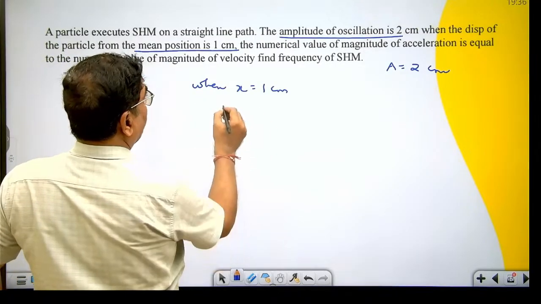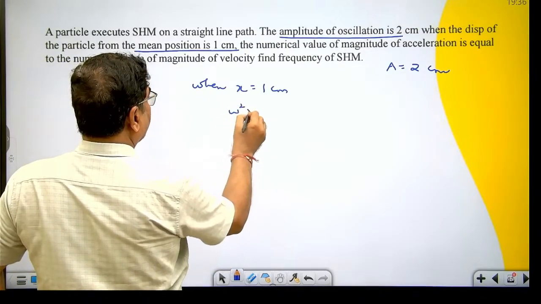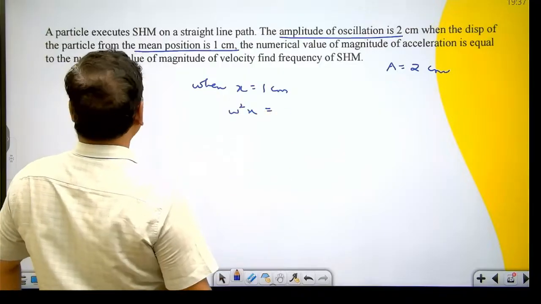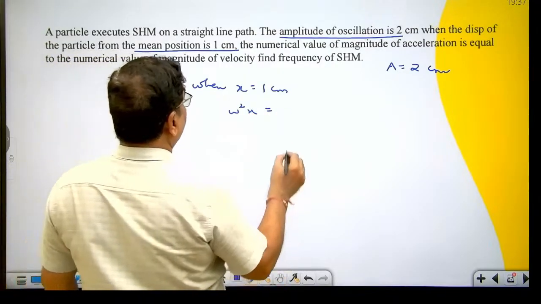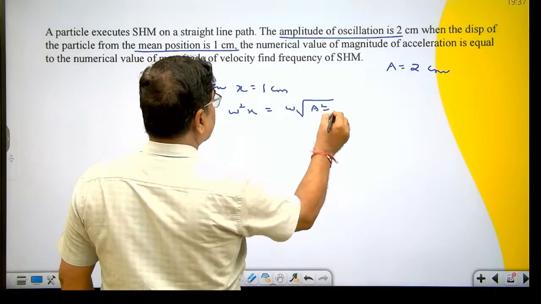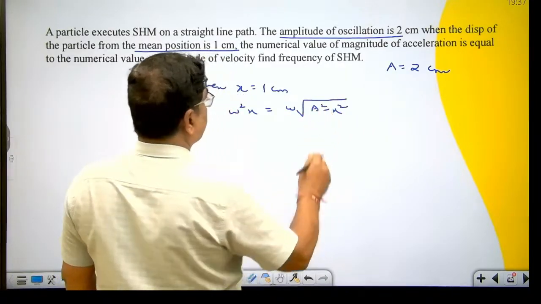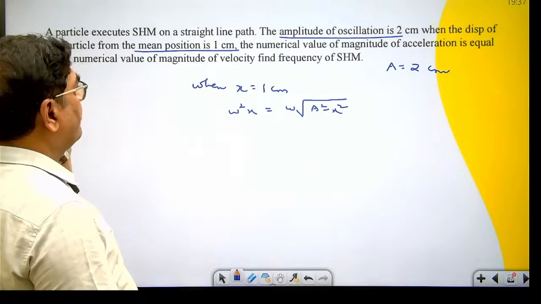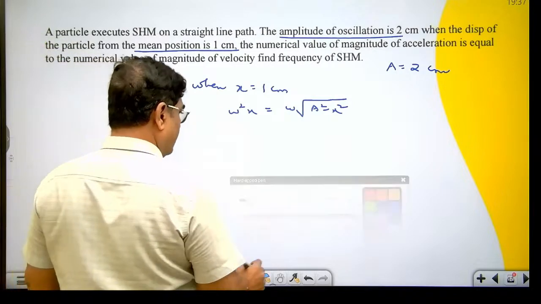Numerical value of magnitude of acceleration is equal to omega square x, which is equal to the numerical value of magnitude of velocity, that is omega root a square minus x square. We can solve this equation. x equals 1 centimeter.